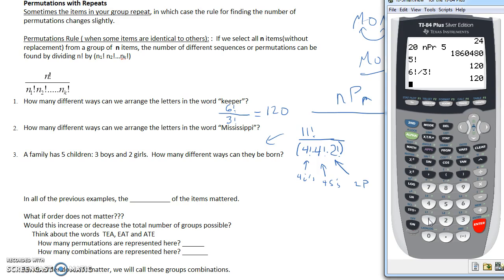So let's work that out in the calculator. We're going to do 11 factorial divided by parentheses. We need to do 4 first, then math, go to factorial. And then times another 4 factorial times 2 factorial.